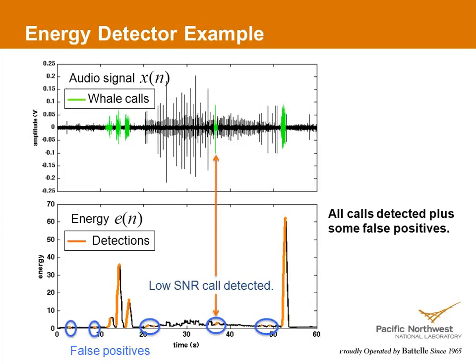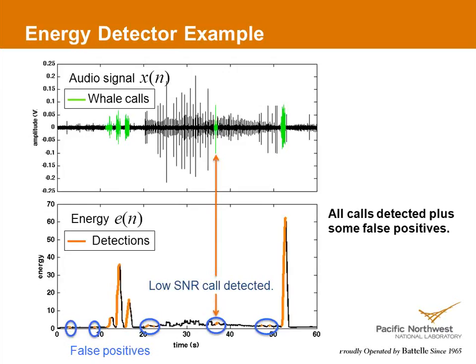This is an example of how this detection algorithm works. You can see in this particular case the top segment would be the time domain signal as we think of it, and then the bottom would be the output of the detector.